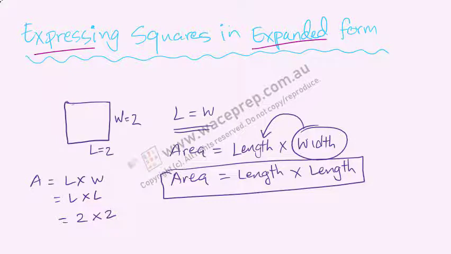Now what if instead of 2 the length was 3? What would be the width? Width will also be 3 because it's a square, and in that case the square would be expressed by 3 times 3, or 3 by 3 square.